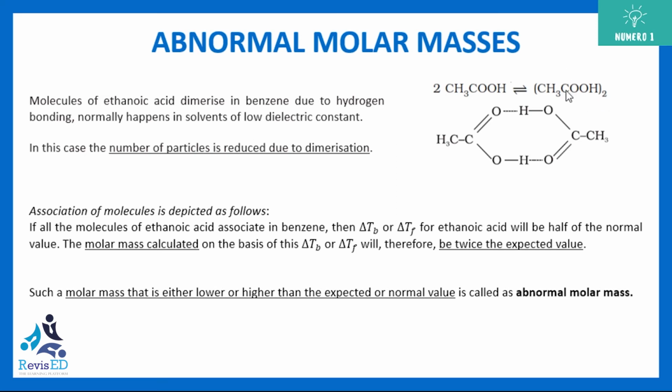That's why there is a difference in the colligative property. The colligative property in this case is affected less. The effect is almost halved. So this is the case for association, because this is associating with itself. That's why again we receive abnormal molar mass.